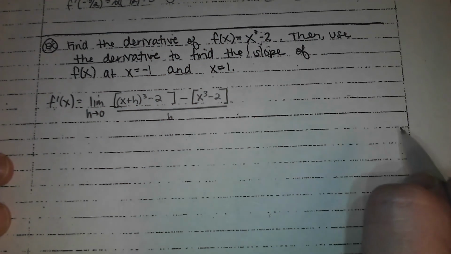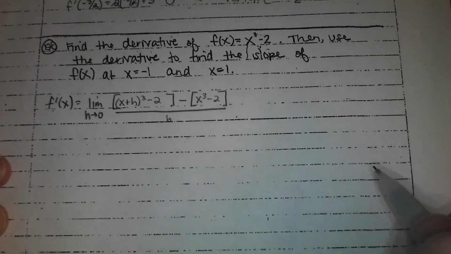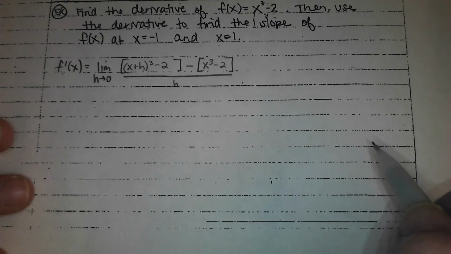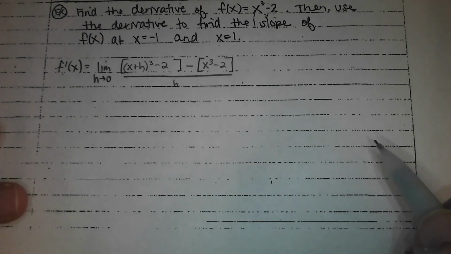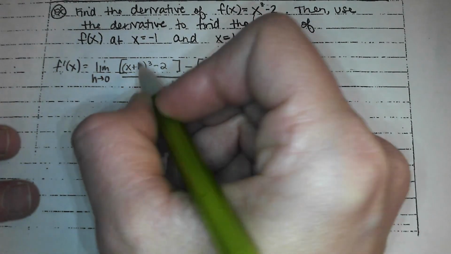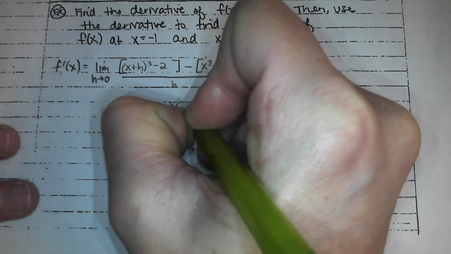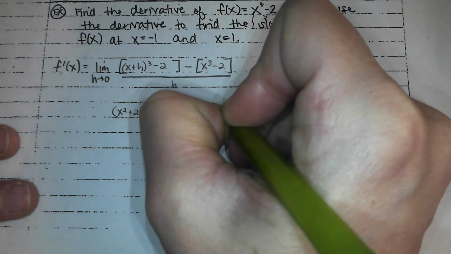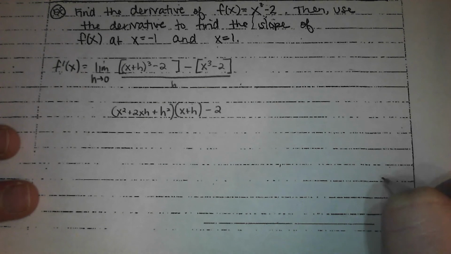Now, cubing x plus h is not a treat. This is what we hate about math on the flip side, all of us, me included. I can do x plus h squared, obviously, in my head, but that's still going to have to be multiplied by another x plus h before I can subtract the 2.